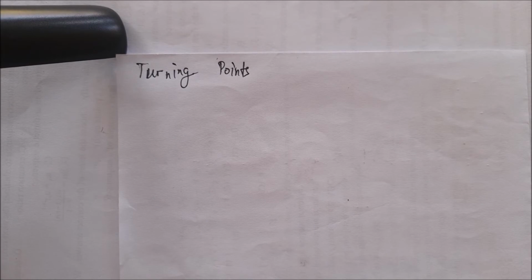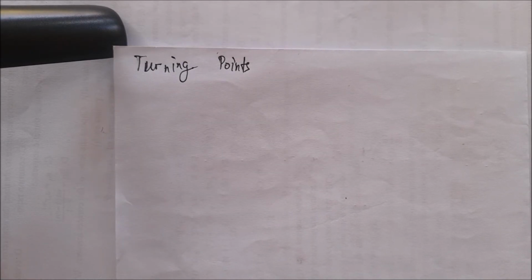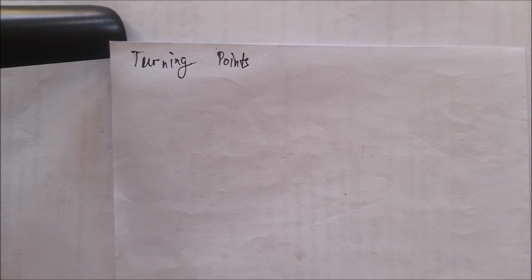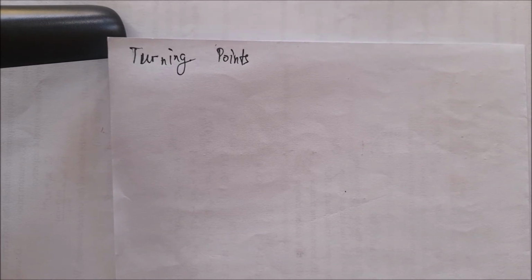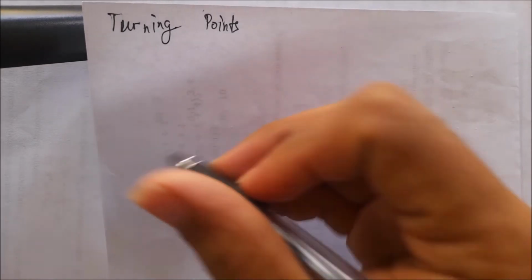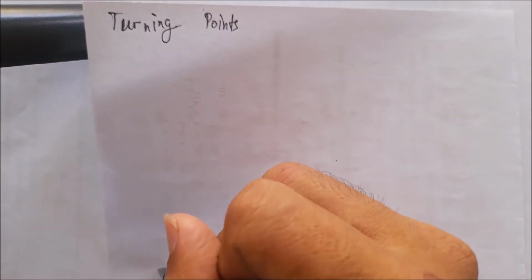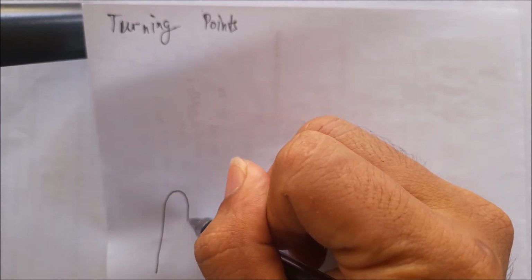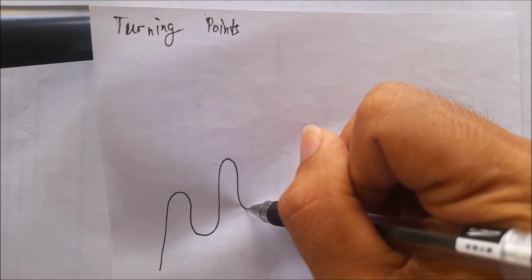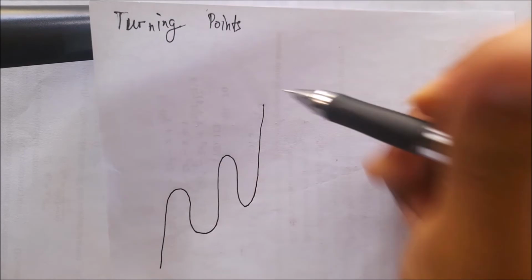We notice that the graphs of polynomial functions have turning points. Turning points are the points where the graph changes from increasing to decreasing or vice versa. Like this: increasing, decreasing, increasing, decreasing, increasing.